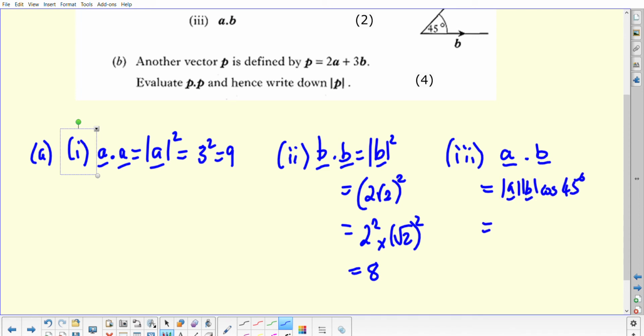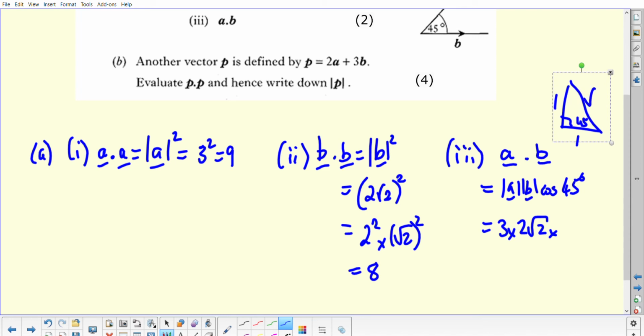So you would have 3 times 2 root 2 times cos 45. Again, you might need to draw your wee diagram to help you. You've got 1, 1 and root 2, so it's 1 over root 2. You can of course cancel your root 2's and you end up with the answer of 6.